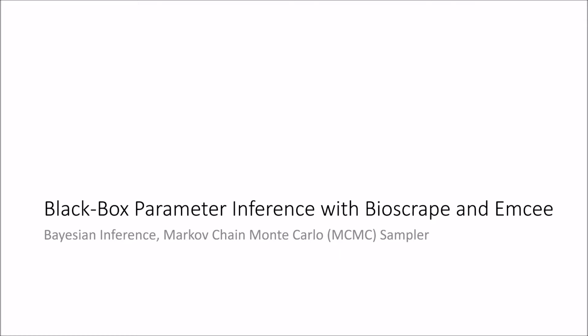The cool thing about this is it is more or less black box, in the sense that all you need is your SBML model and your data in a CSV file. You put those two things into Bioscrape and ask it to estimate the distributions of certain parameters in your model. It's basically three or four lines of code that can run this Bayesian inference and give you the parameter sweeps and the distributions according to the experimental data that you put in.